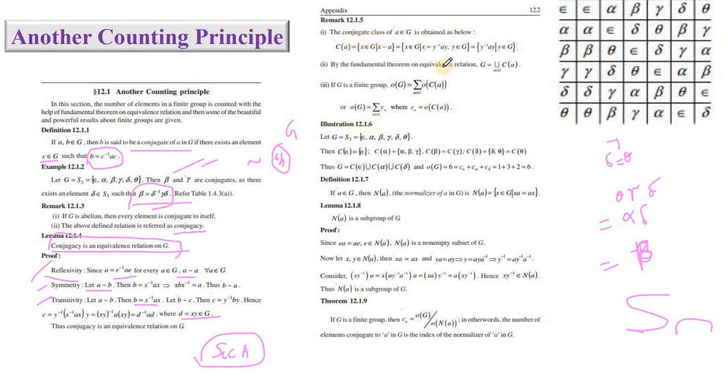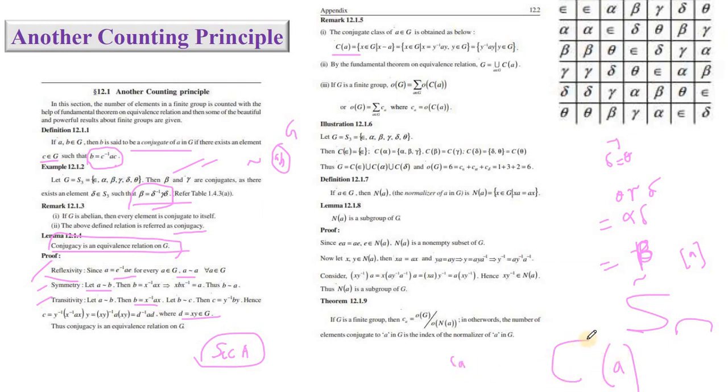The conjugate class of A: we know already that whenever we have an equivalence relation, we talk about the equivalence class. In this case, that equivalence class is called the conjugate class, and it is denoted by capital C of A. There is one more notation coming, that is small c suffix A. Both should not be misunderstood.